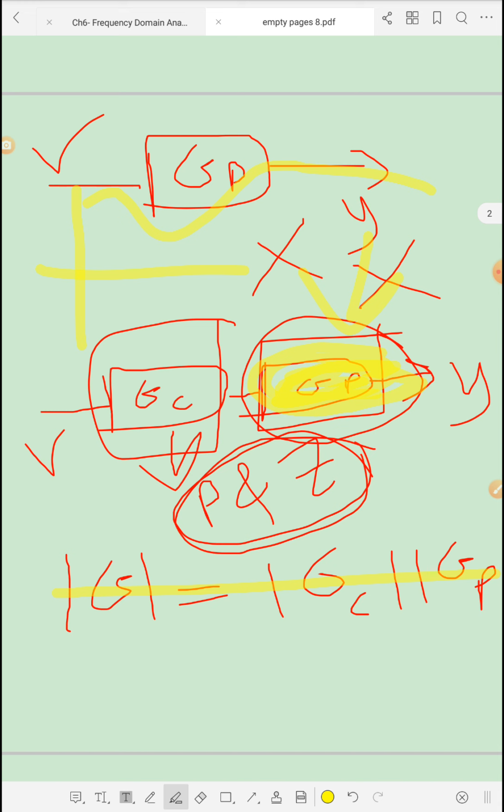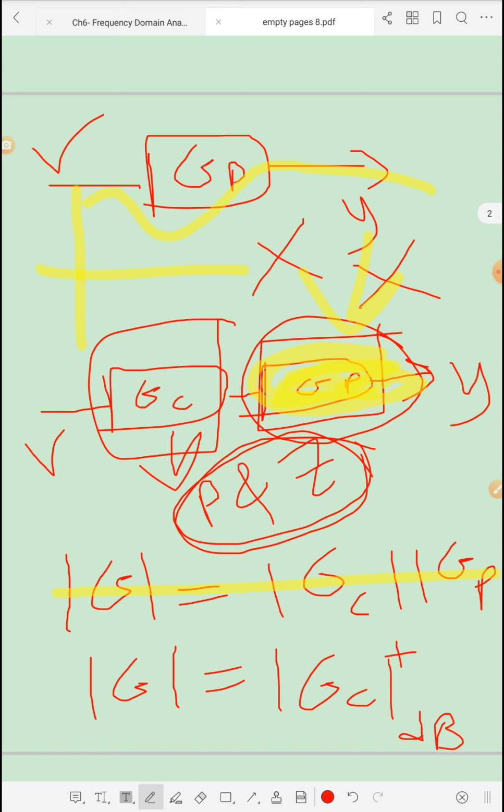While if we convert it to the logarithmic scale, the new magnitude of G is equal to the new magnitude of GC in dB plus the magnitude that we know about the plant, also in dB.